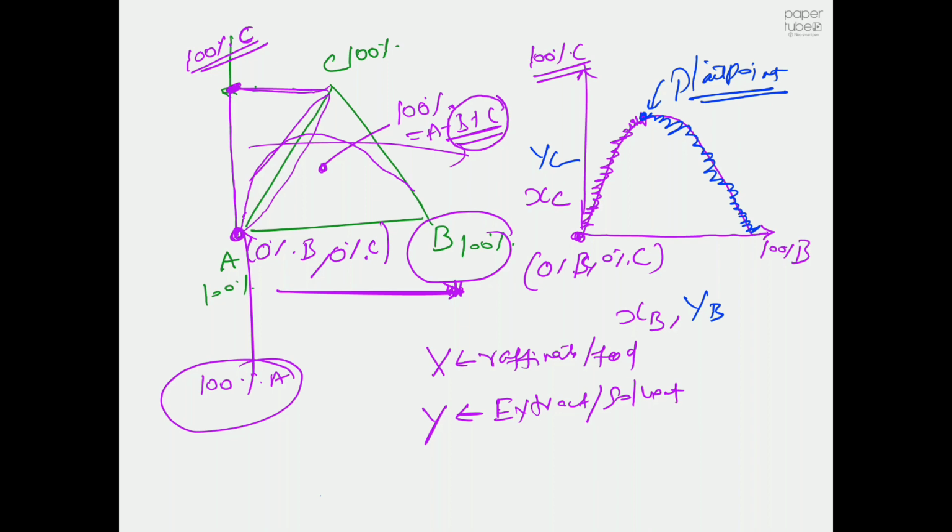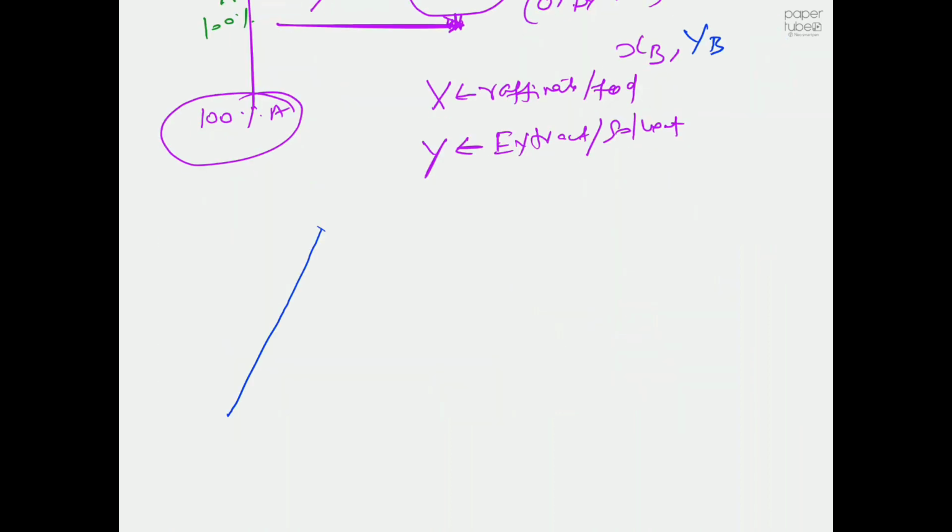And then let me talk a bit more about your mass balance equation. So this is our equilateral triangle, again CAB. So this is our phase separation line.